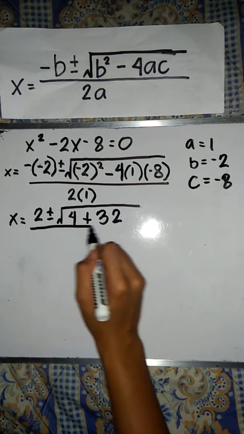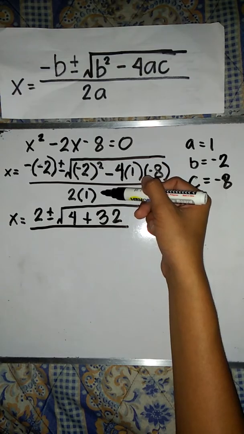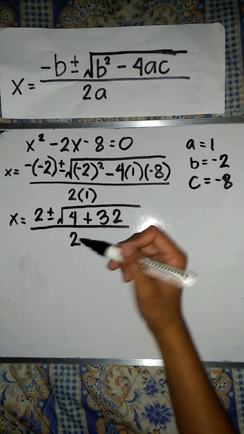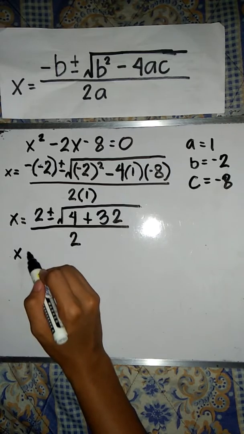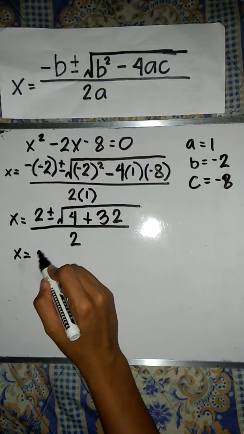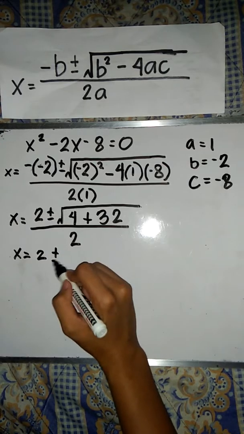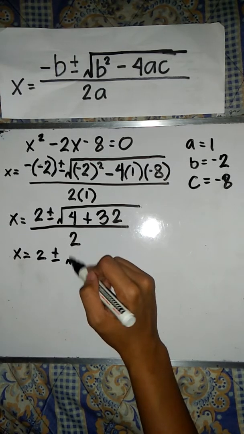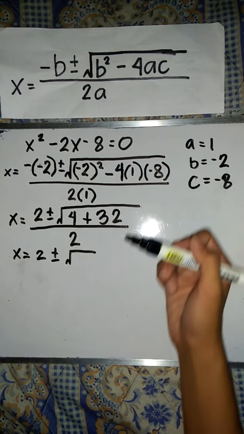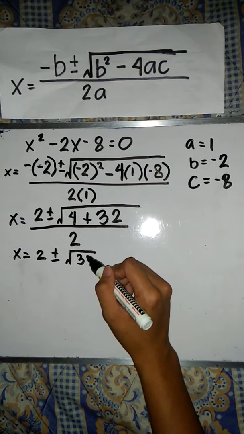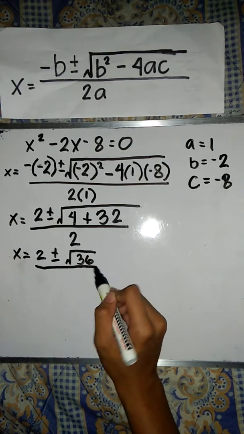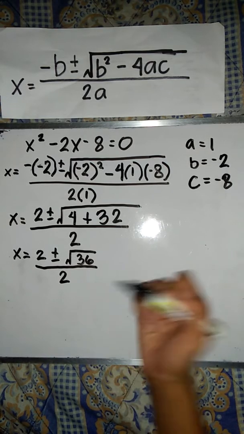All over 2 times 1, which is 2. So x is equal to 2 plus or minus square root of 4 plus 32 is 36. So square root of 36 all over 2.